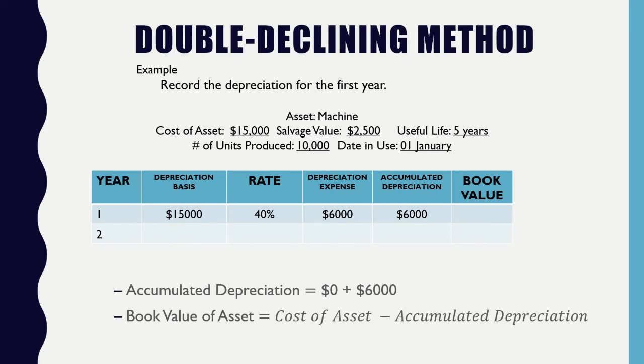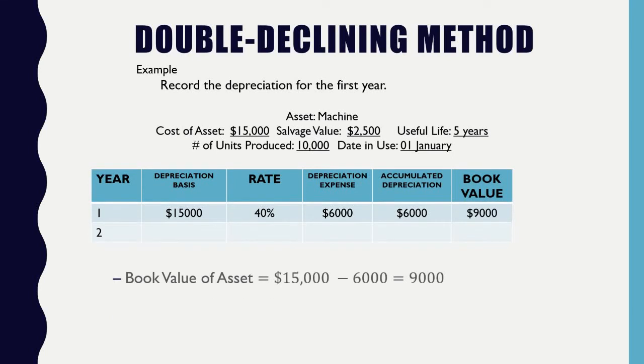And then now you're going to determine what your book value is. Your book value is going to be your asset cost minus your accumulated depreciation. So 15,000 minus 6,000 is going to leave you with $9,000. Now, this is the book value at the end of year 1.